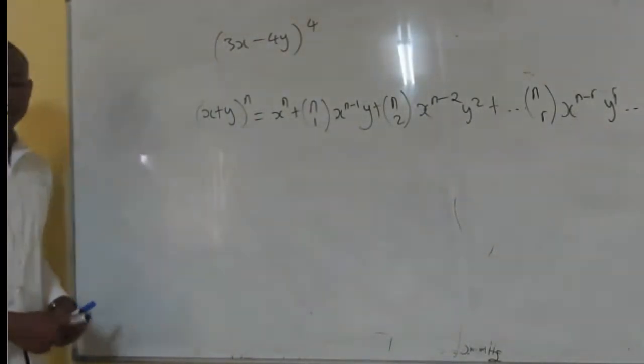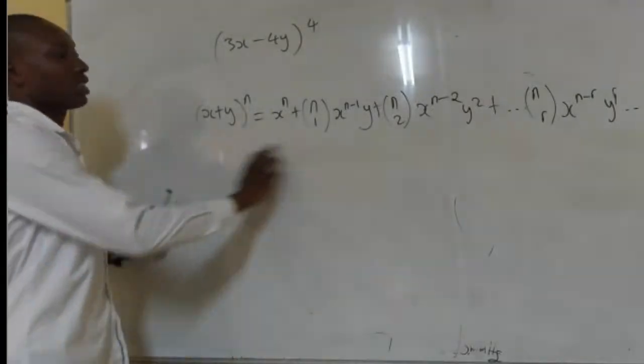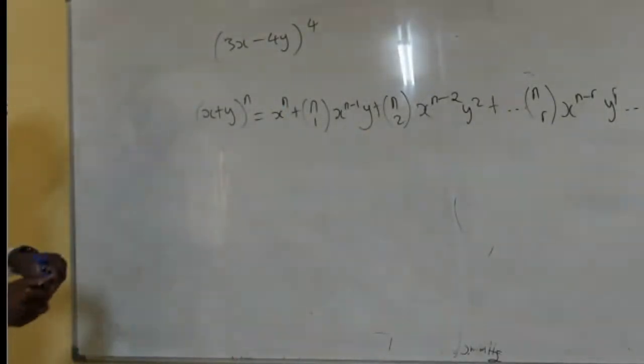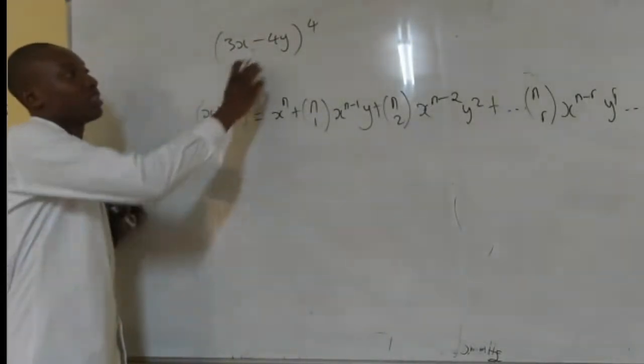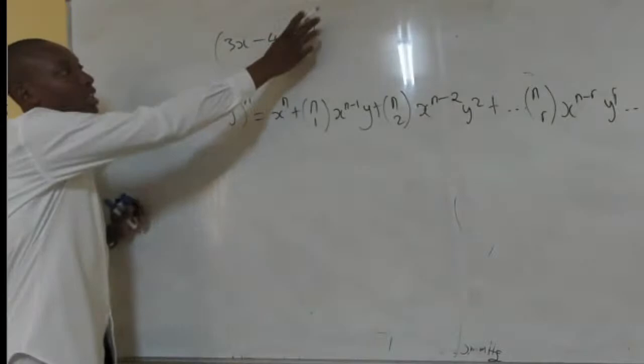Alright, so I want to use this formula based on this. So what is x? x is 3x and the y part is negative 4y. What is n? n is 4.